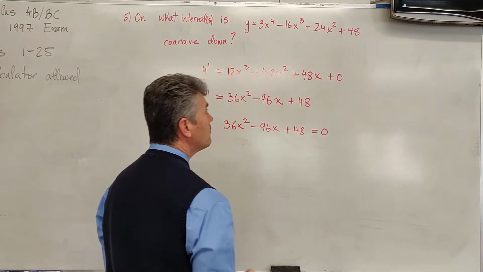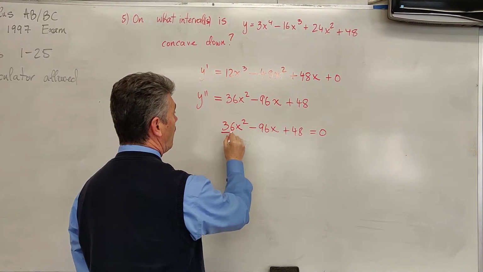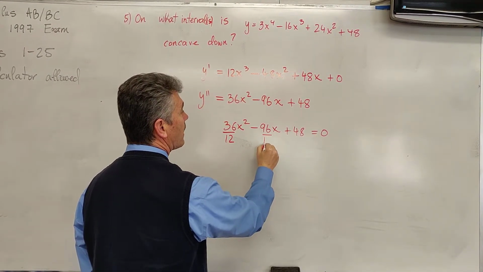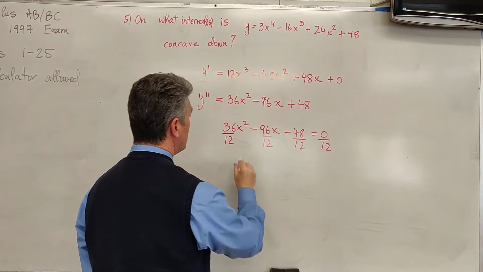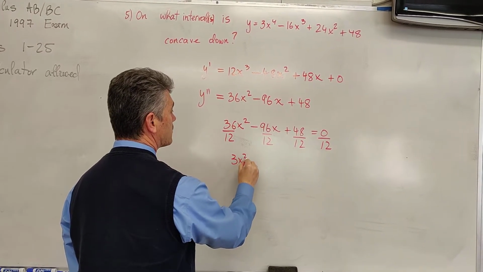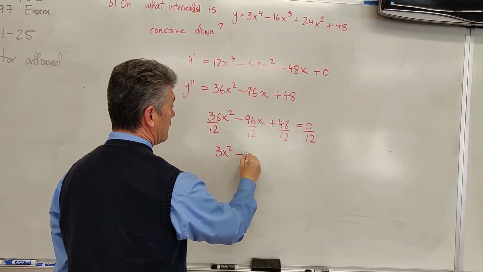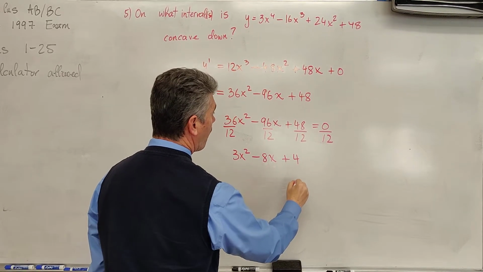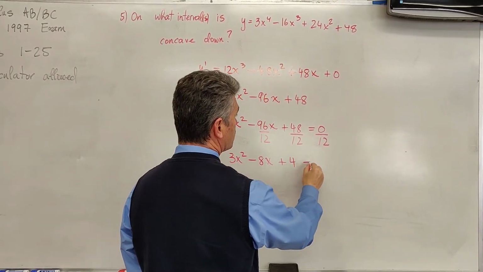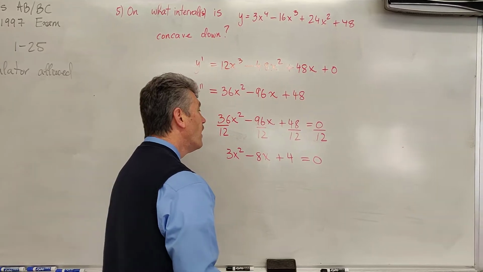Notice that all those numbers are divisible by 12. Divide everything by 12, including the 0. You get 3x squared minus 8x plus 4 is equal to 0.